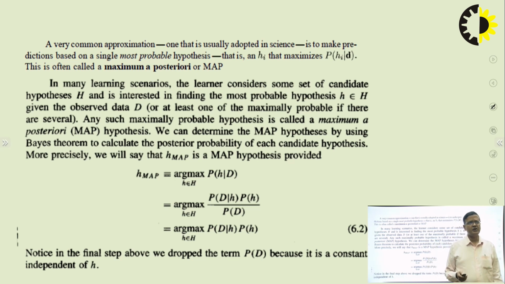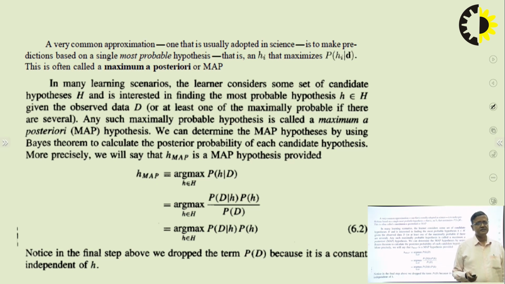A very common approximation adopted in science is to make predictions based on the single most probable hypothesis, hi. We select the hi that maximizes the posterior probability P(hi given D). This is often called the maximum a posteriori or MAP hypothesis.